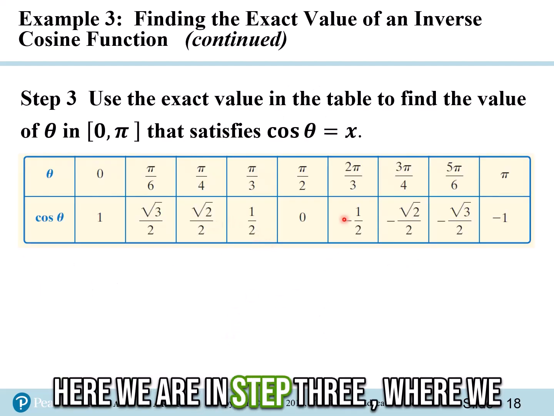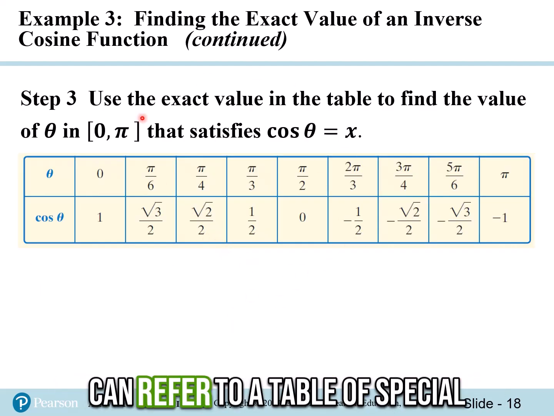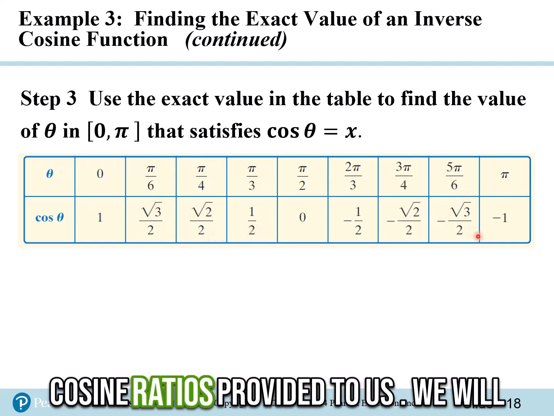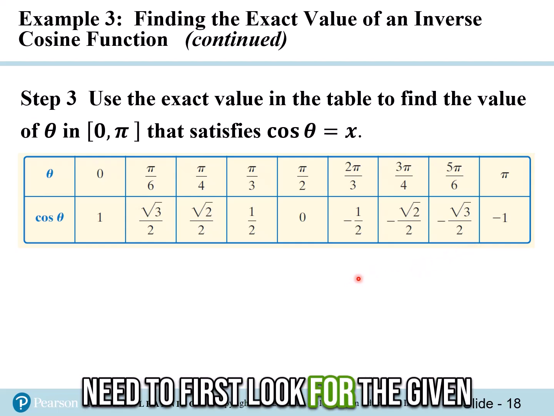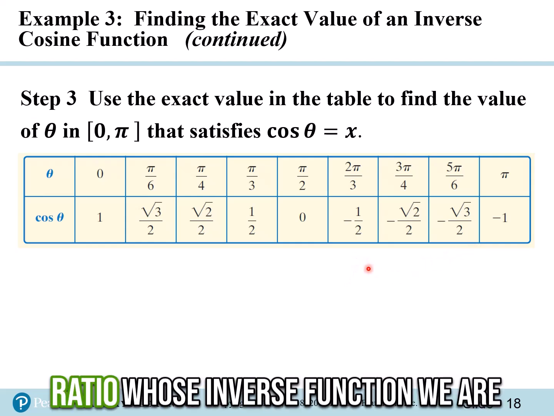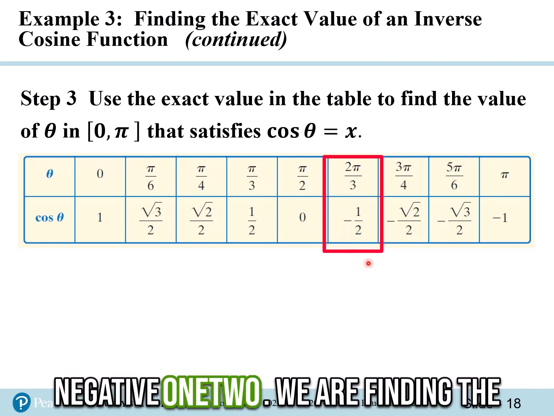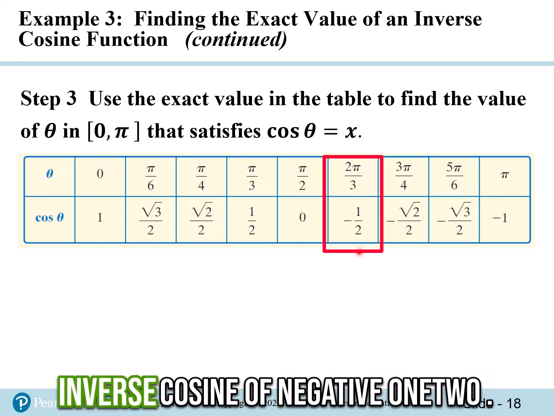Here we are in step 3 where we can refer to a table of special angles with the corresponding cosine ratios provided to us. We will need to first look for the given ratio whose inverse function we are trying to find. In our case, that's negative 1/2. We are finding the inverse cosine of negative 1/2.